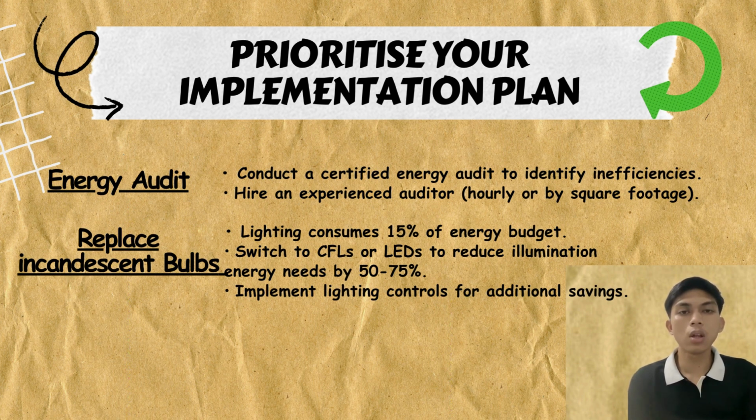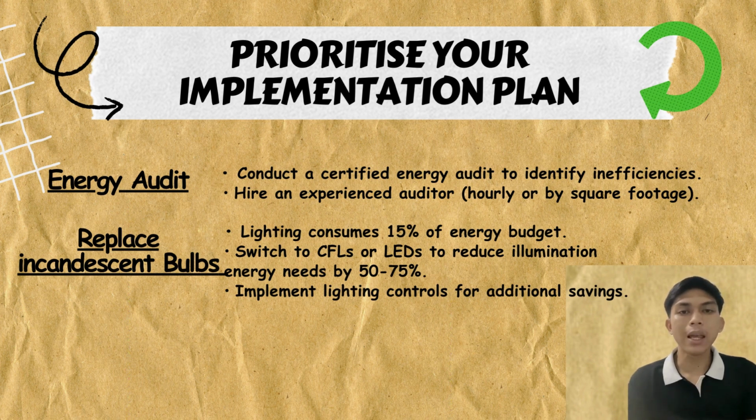Replace traditional incandescent lighting bulbs with more energy efficient models such as light emitting diodes (LED) or compact fluorescent lamps (CFLs). These contemporary lighting technologies not only save 15 to 75% of the energy required for illumination, but they also last longer, saving more money over time.